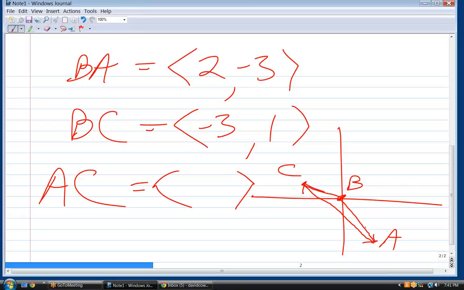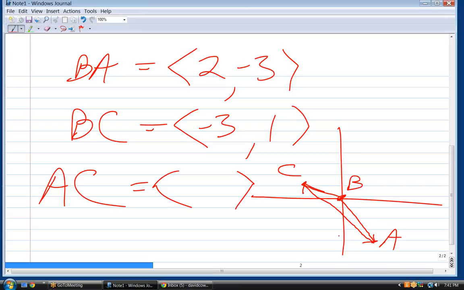Well, let's look at AC. What do I have to do on the x to get to C? I got to go 2 units over to the left plus another 3 units.